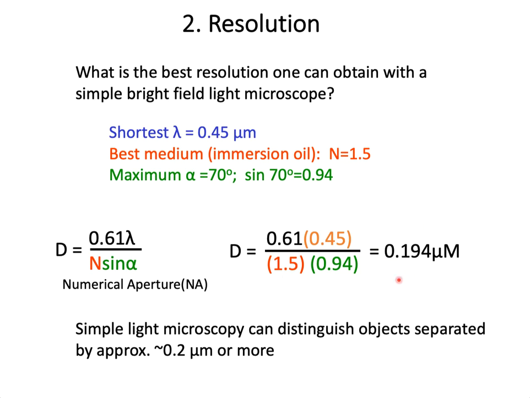So if you put all the values into the formula, the result is 0.194 microns, or approximately 0.2 microns, for a simple light microscope. Anything smaller than 0.2 microns will appear as one object when conducting simple light microscopy.